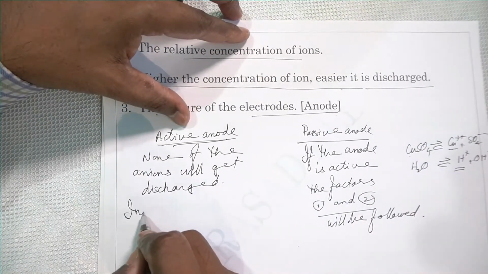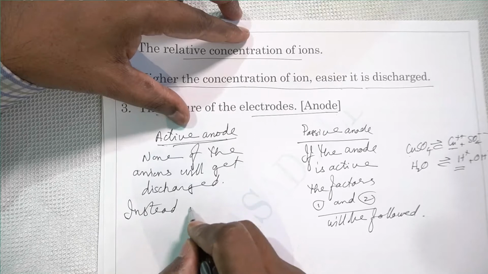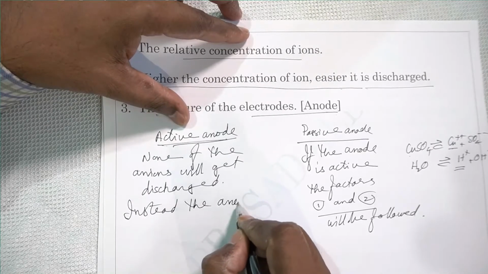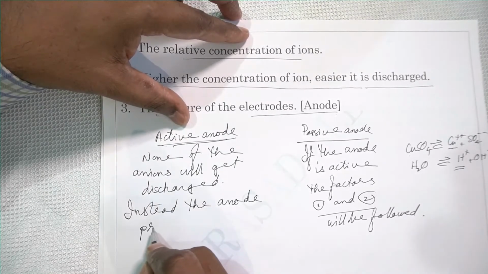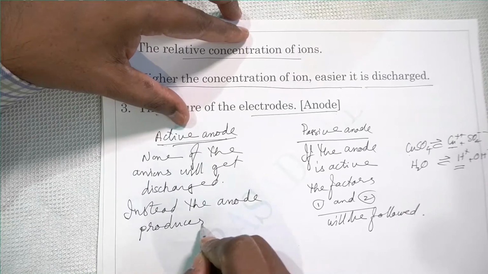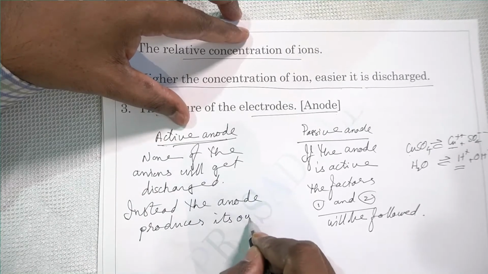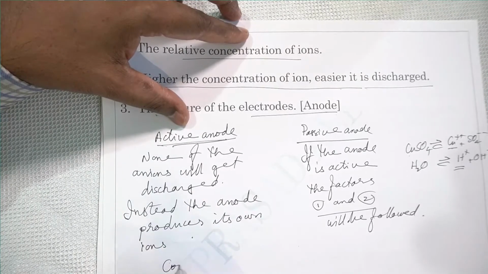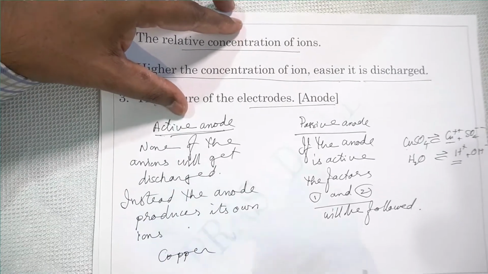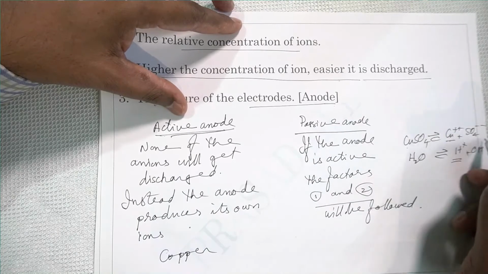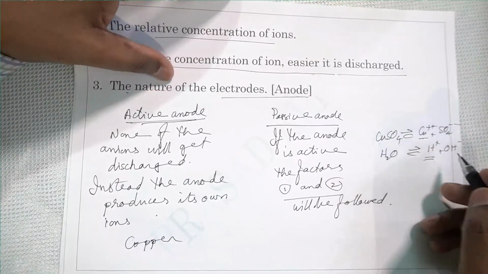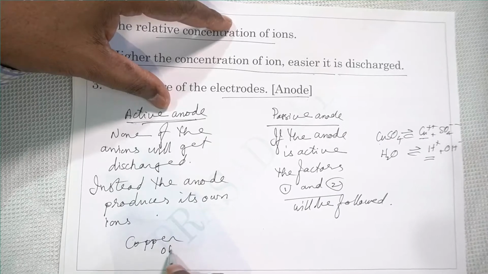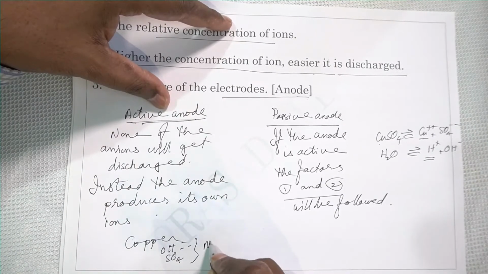Instead, the anode produces its own ions. For example, if the anode is made up of copper, any anion coming here, SO4 minus minus and OH minus, none of them will be discharged. No discharge.